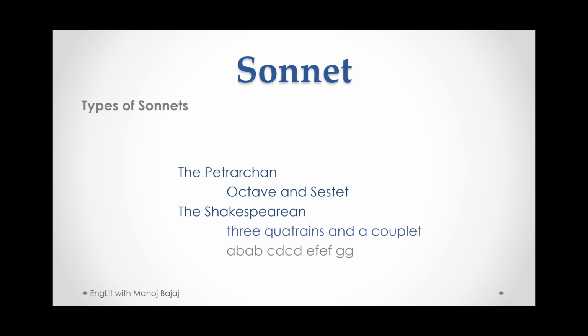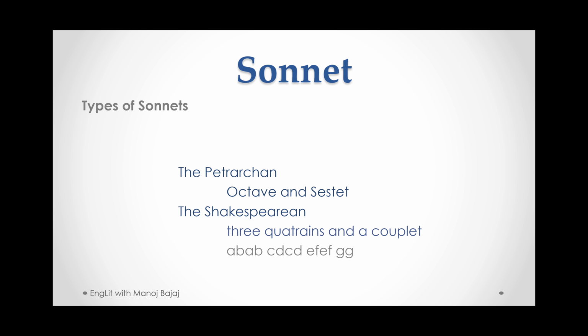It is divided into two parts, both by the system of rhyme scheme and by the movement of the thought. The first 8 lines are called the octave, and this octave is arranged in 2 quatrains with the rhyme scheme of ABBA and ABBA.